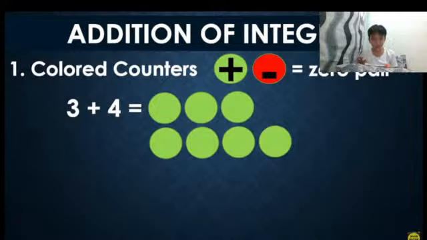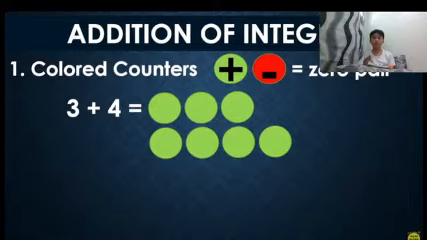Okay. Now, balikan natin yung zero pair. So, magkakaroon lang tayo ng zero pair kapag meron kang isang positive at isang negative or green and red. Okay. So, since wala tayong pair dyan na green at red or positive negative, so therefore, walang makakancel. So, we will now count all the colored counters. So, how many colored counters do we have?